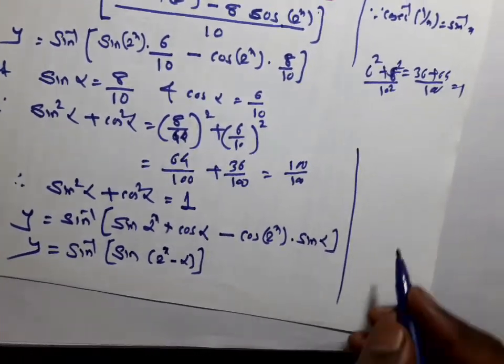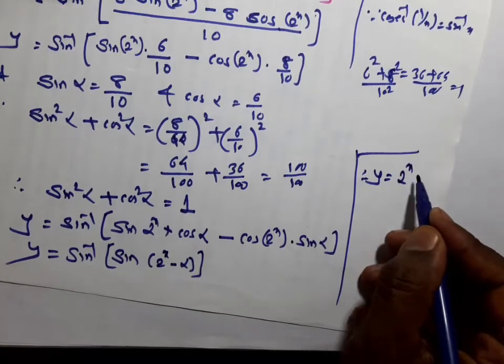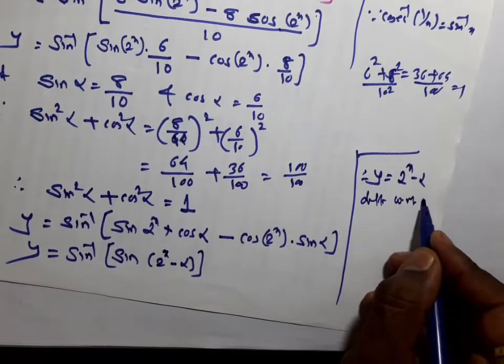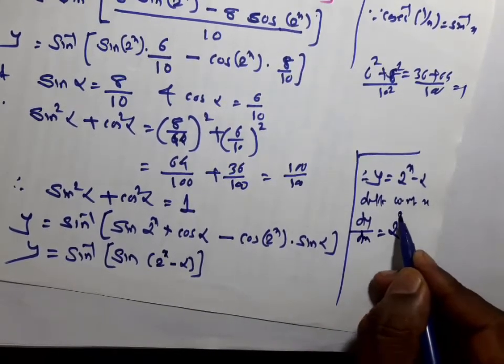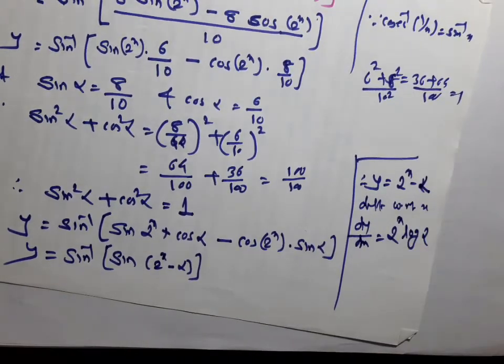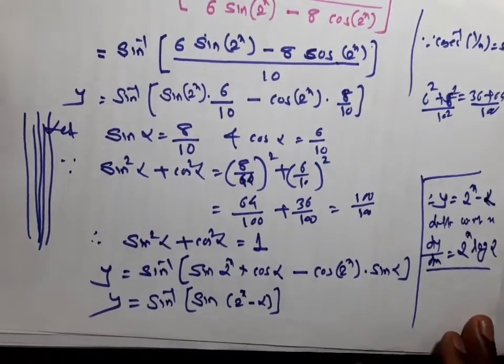And therefore, what is y? y is equal to 2 raised to x minus alpha. Differentiating with respect to x, we get dy by dx is equal to 2 raised to x log 2. The derivative of alpha is 0 because alpha is a constant. See again.